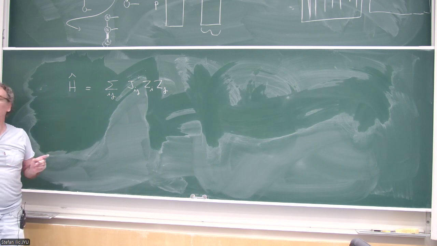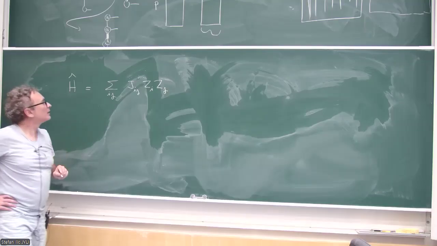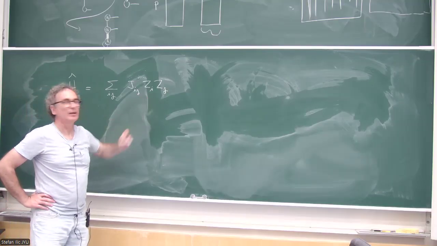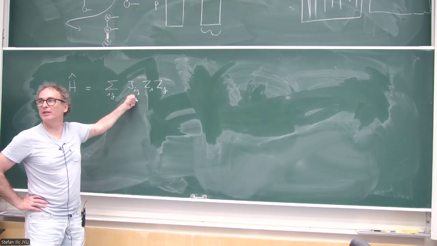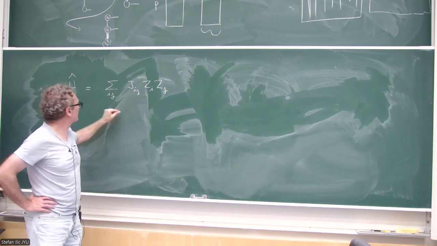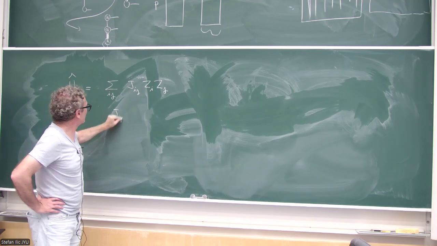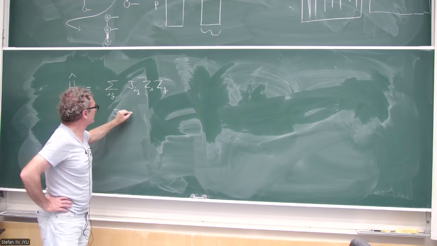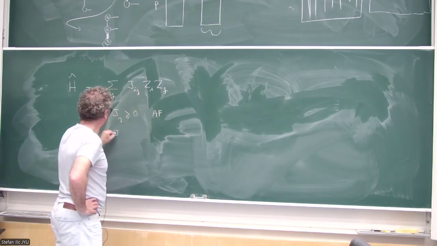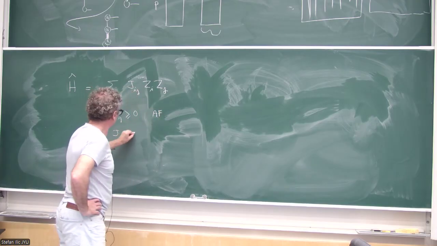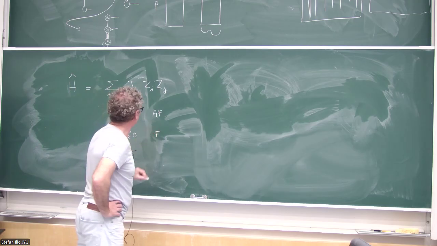So it means that for spins i and j, A_ij can be positive, then it's an antiferromagnetic interaction, or negative, then it's a ferromagnetic interaction.